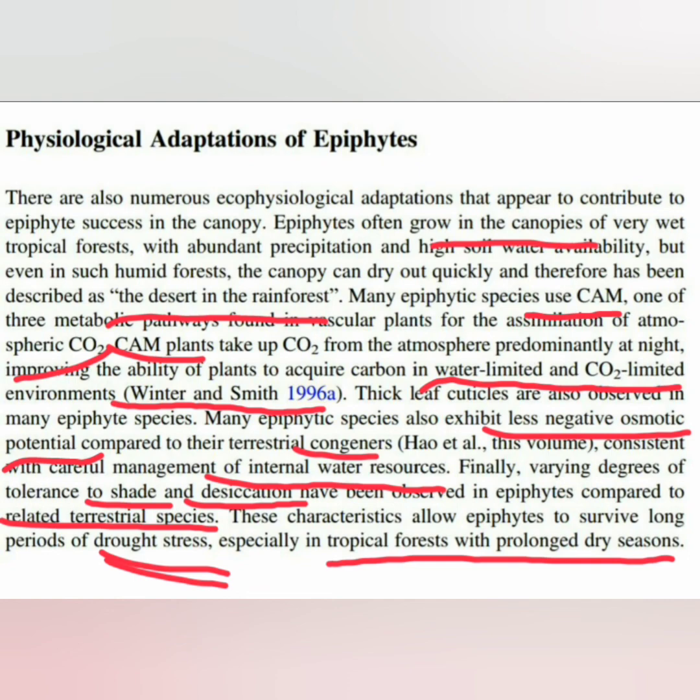They exhibit a less negative osmotic potential, they have thick leaf cuticles which prevent the loss of water, and they use the CAM cycle for assimilation of atmospheric carbon dioxide, usually taking it up at night.